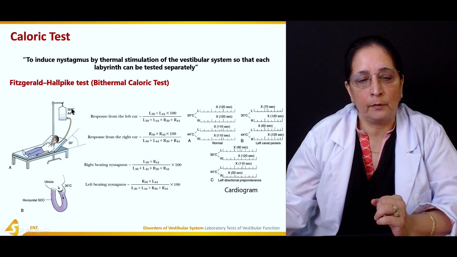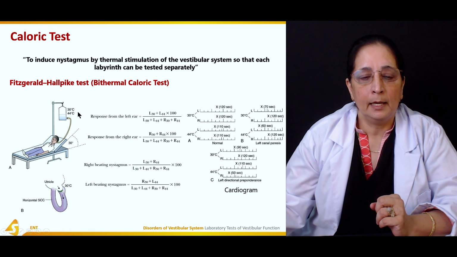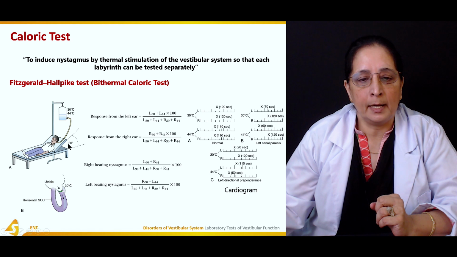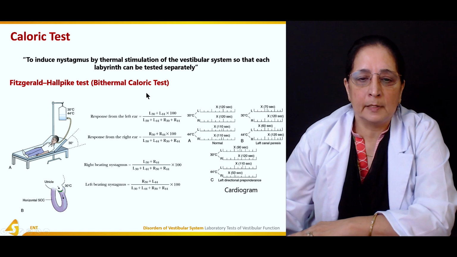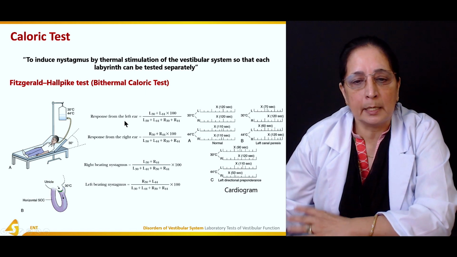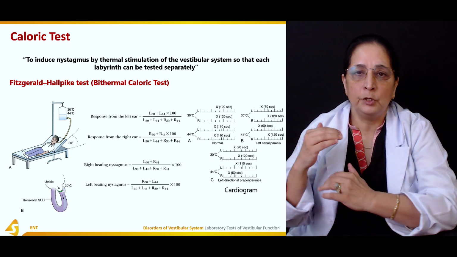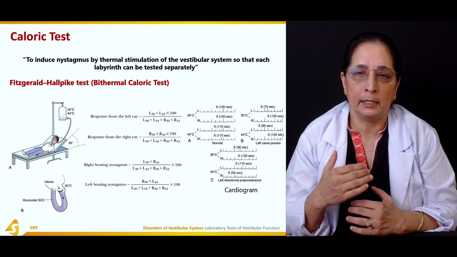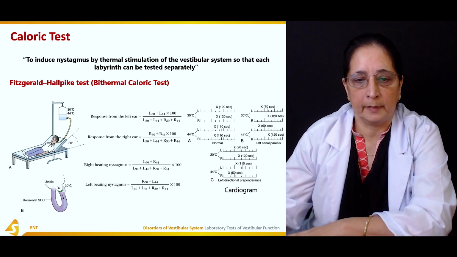We perform it with 2 temperatures. One is 30 degrees centigrade, another is 44 degrees centigrade, and the patient's bed is elevated about 30 degrees. Then we record the response from the left ear separately and the response from the right ear, and we do it for both the 30 degrees and the 44 degrees.